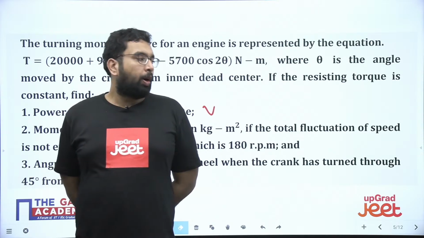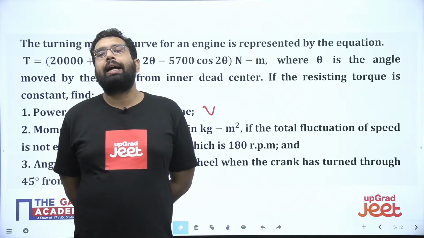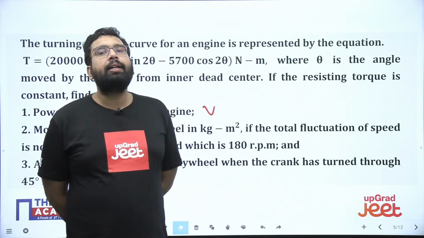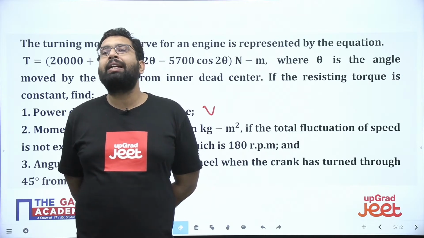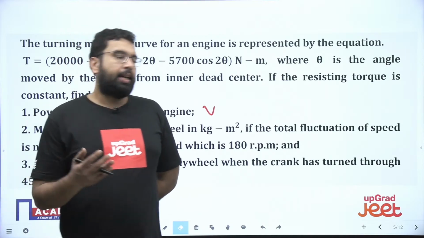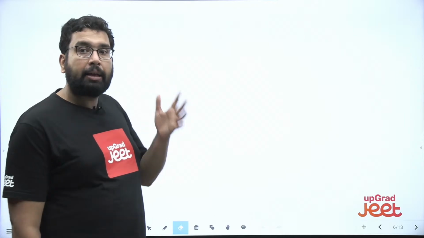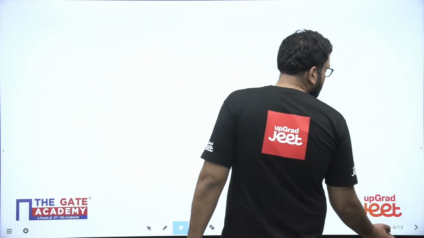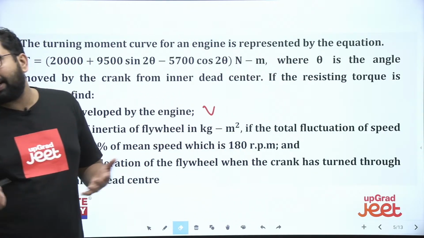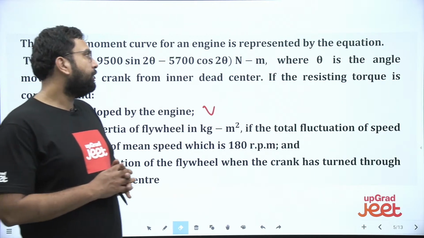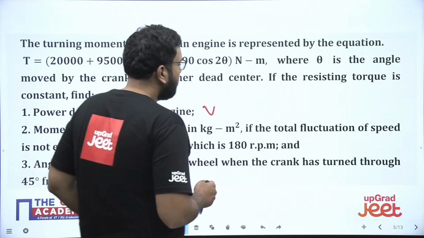Finding the area in some diagram means integration, which we refer to as finding the work done per cycle. So the first thing you have to do is integrate this relation.